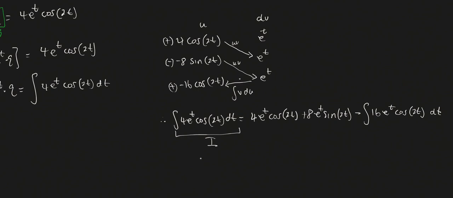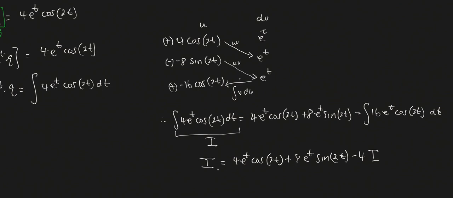In fact, let me write that down. So we have the original integral here is equal to 4e to the t cosine of 2t plus 8e to the t sine of 2t. And then if I take a 4 out of this one, I'm going to be left with the same I on this side. So it's actually minus 4I.